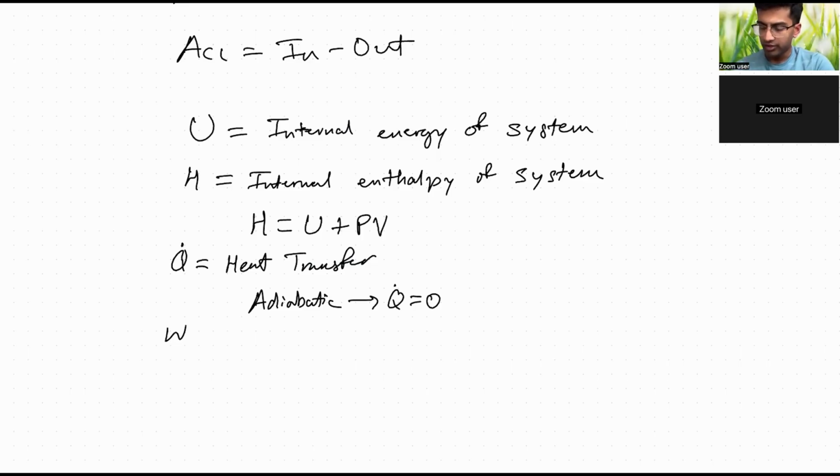Next, we have shaft work, which is work done on the system that's not fluid work, right? So besides the work of fluid moving from one point to another, this is the shaft work. Think about this as like a turbine, right? Another thing that's important with shaft work is to determine the signs.